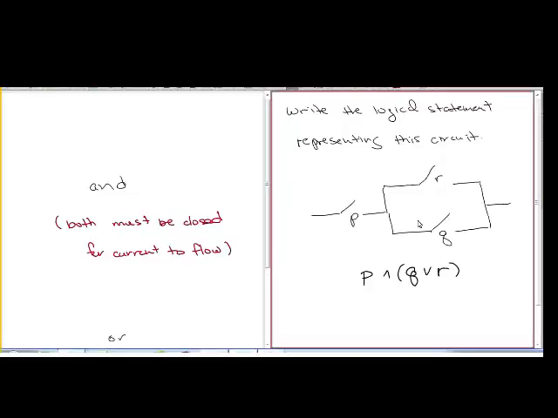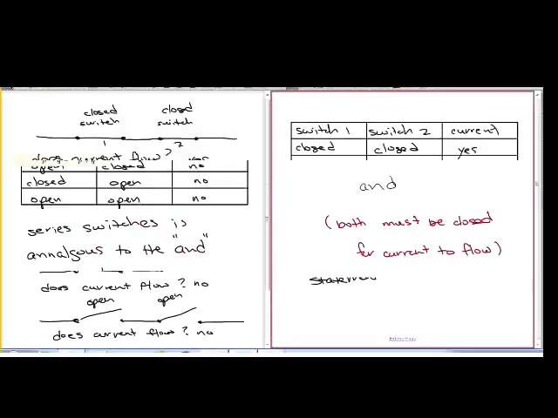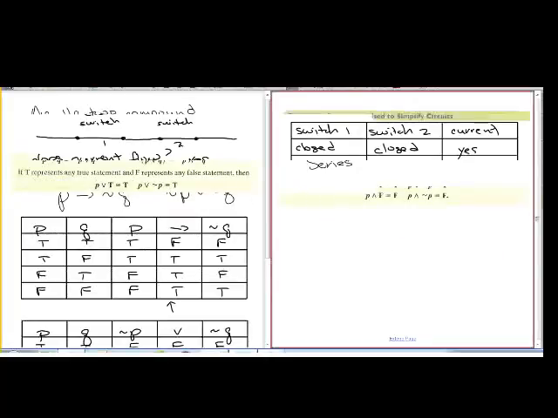Now, did you notice any logic statements that said if-then when we were showing that? We didn't, right? So there may not be an equivalent electric circuit for if-then statements. But if we go back, remember these equivalent statements we did?